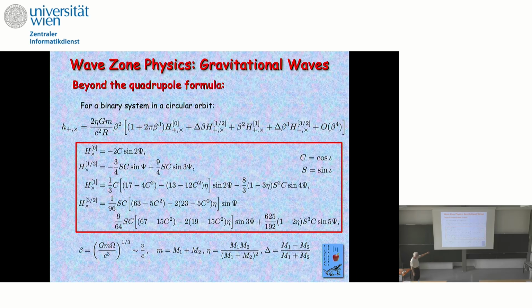But then you get twice omega and 4 omega frequencies. Then at 1.5 PN, you get sine psi, 3 psi, and 5 psi. So you get lower and higher harmonics of all the orbital frequencies as you go to higher and higher post-Newtonian orders.